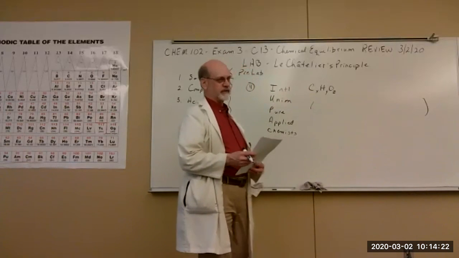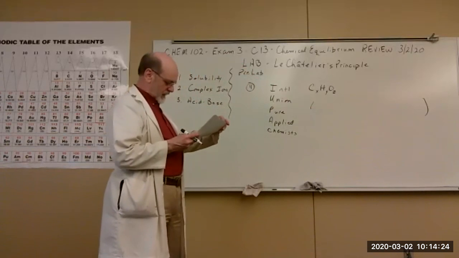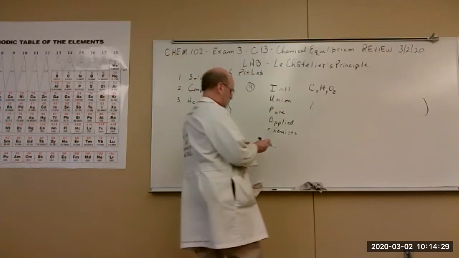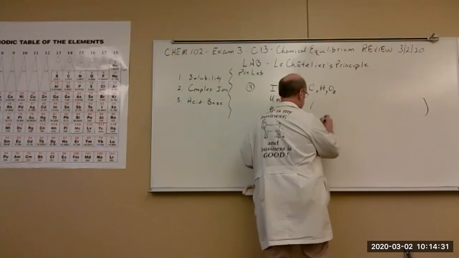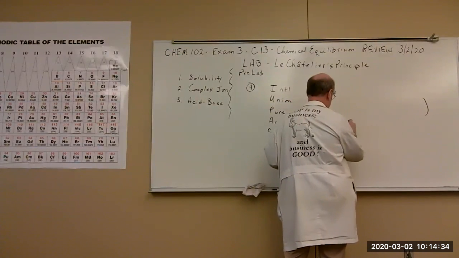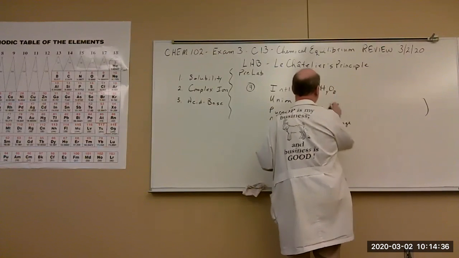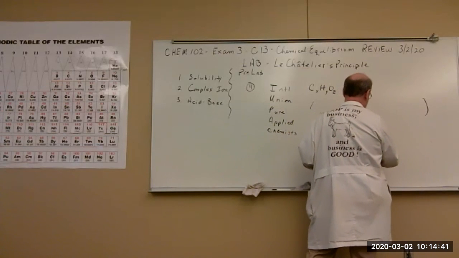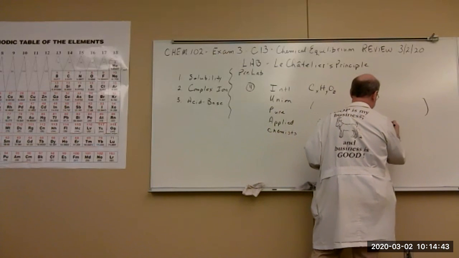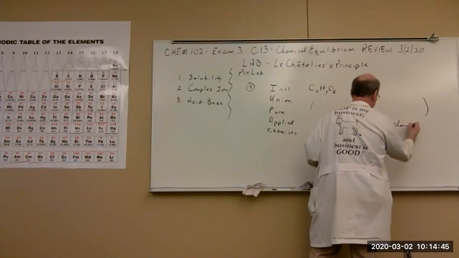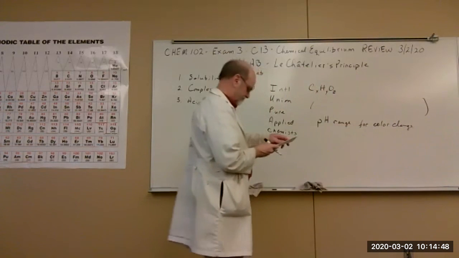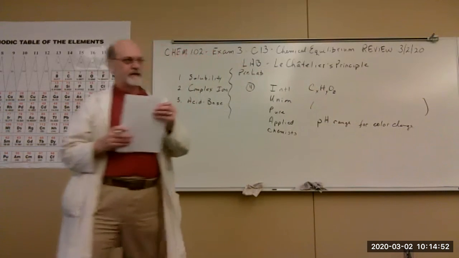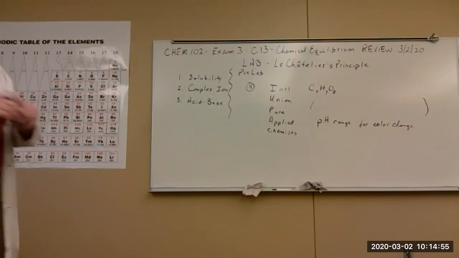There's only one possibility. The other thing is pH range. So you identify the formula, the name, and the pH range for color change. And that'll answer number 4.